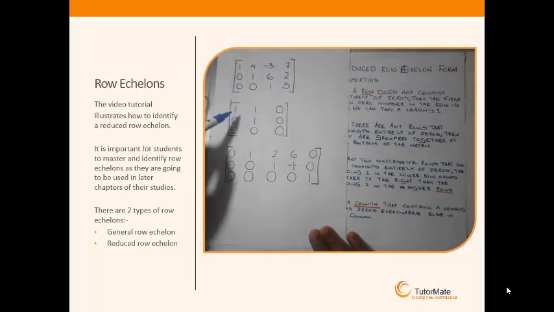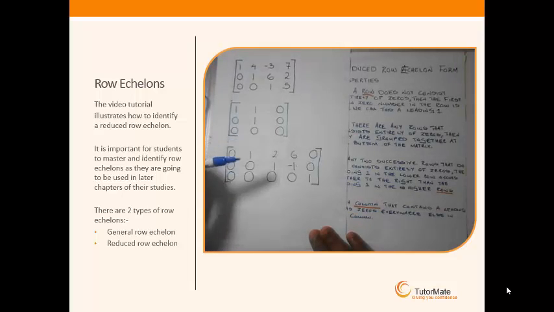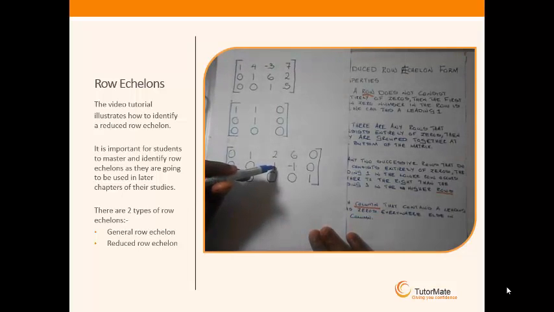And this one, we have a 1 here, but there is another number here. There are supposed to be zeros above and below a leading one. If you look at this one also, this is the leading one. There is a 1 here and a 2 here.